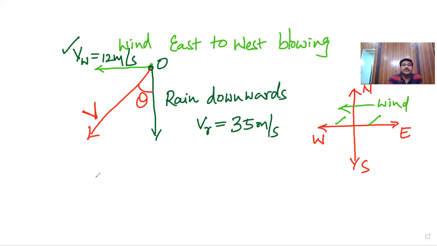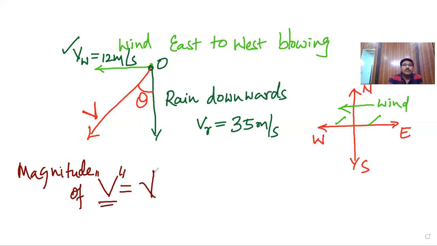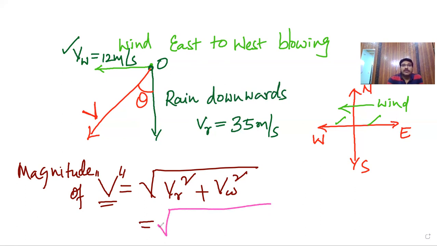Now, what is the resultant from the general formula? The magnitude of the resultant V is the square root of V_R squared plus V_W squared, that is, the magnitude of the rain and the magnitude of the wind squared. So square root of 35 squared plus 12 squared.